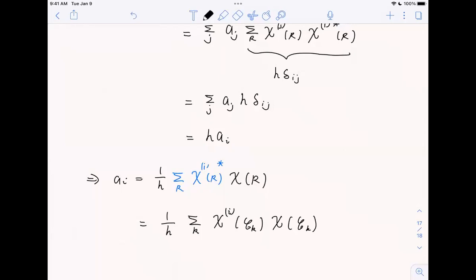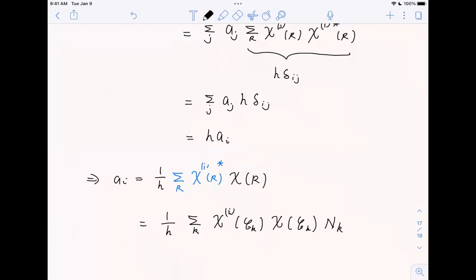But once you make it a sum over classes, you need to multiply by the number of elements in each class here. So basically, whenever you have a reducible representation, you take its character, multiply with the character of one of the irreducible representations, sum over all the classes, and then take 1 over h, and you get the coefficient.